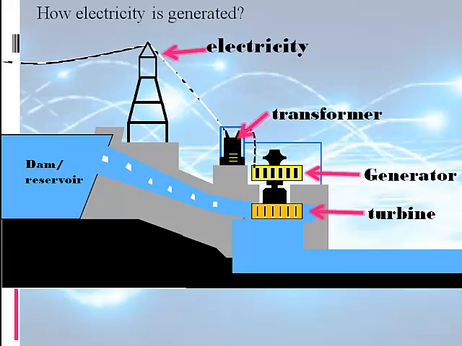From the generator, electricity flows to the transformer, and from the transformer, electricity is supplied to various places. And this is how electricity is generated in hydropower stations.